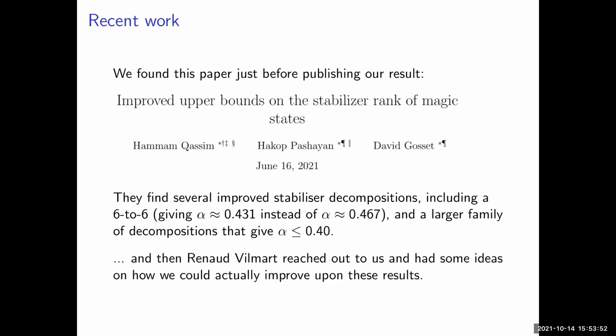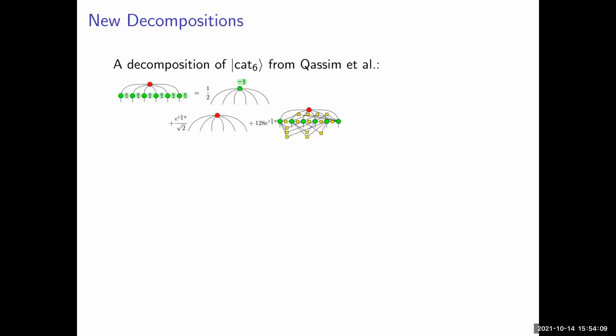And we were thinking about this and how to do this in ZX. And then Renaud Vilmart reached out to us, and he was basically working on the same thing, and he had already figured out what we had figured out, but also some more stuff. So yeah, let me just show you what this new stuff is.